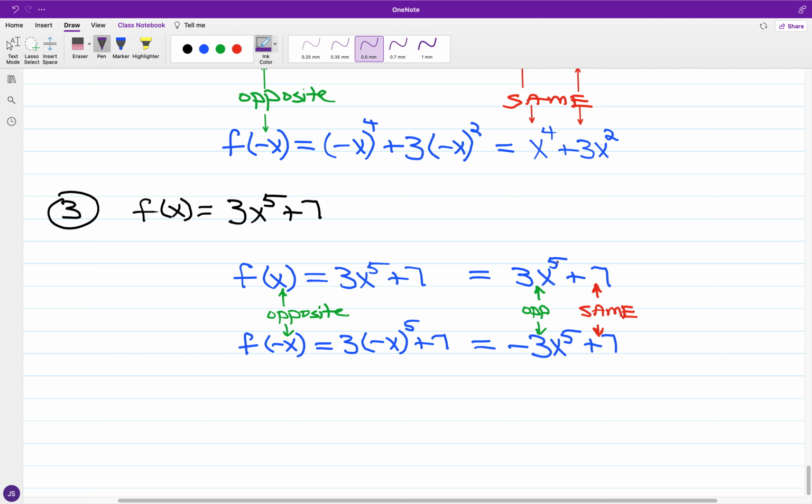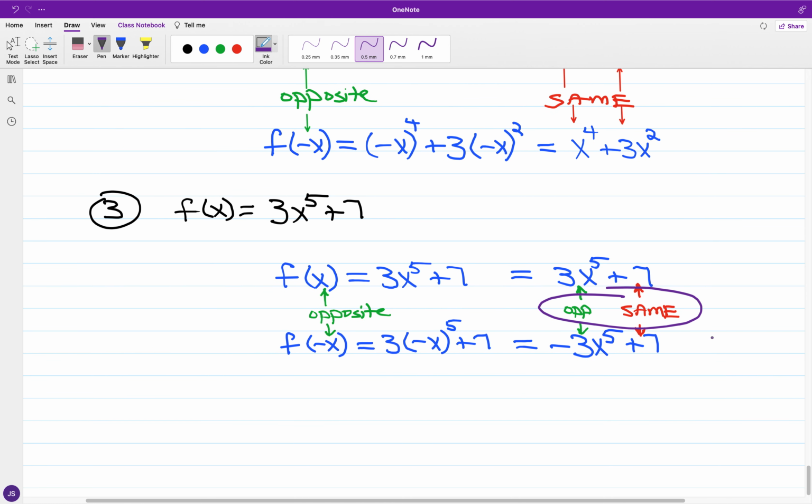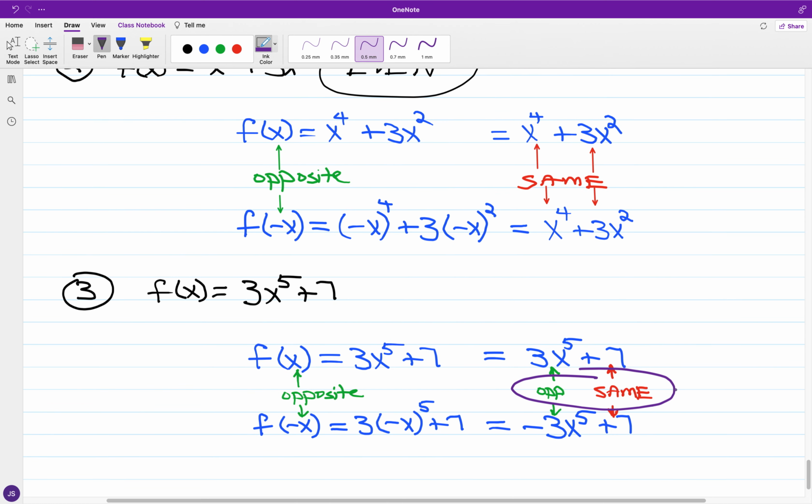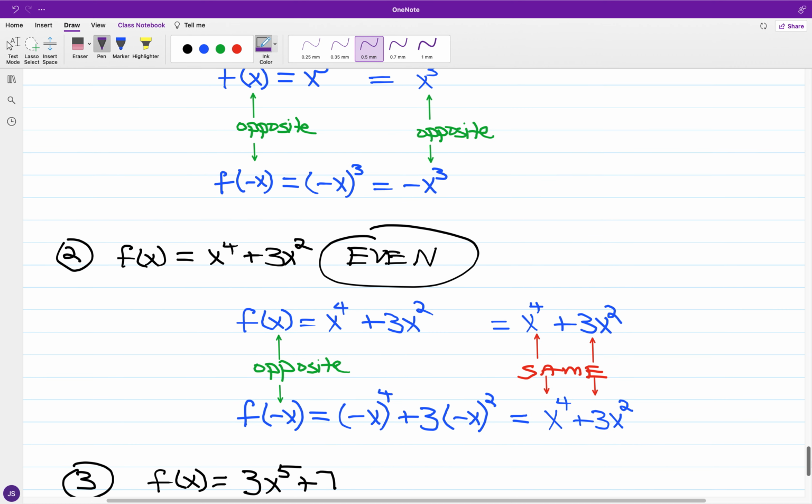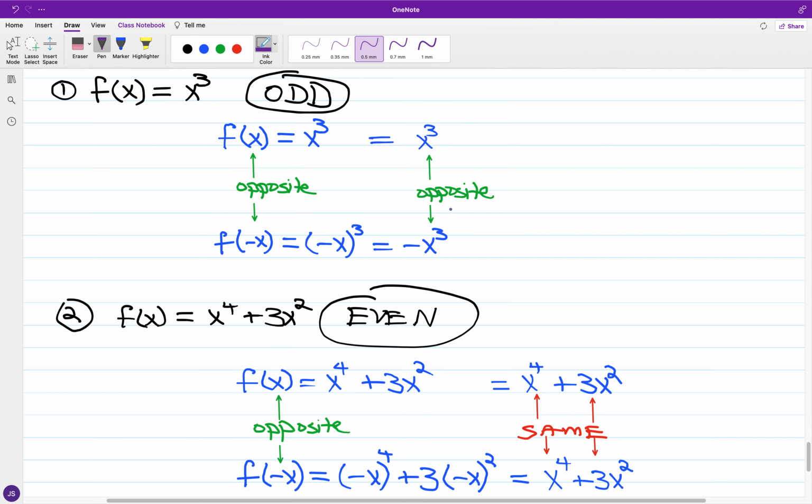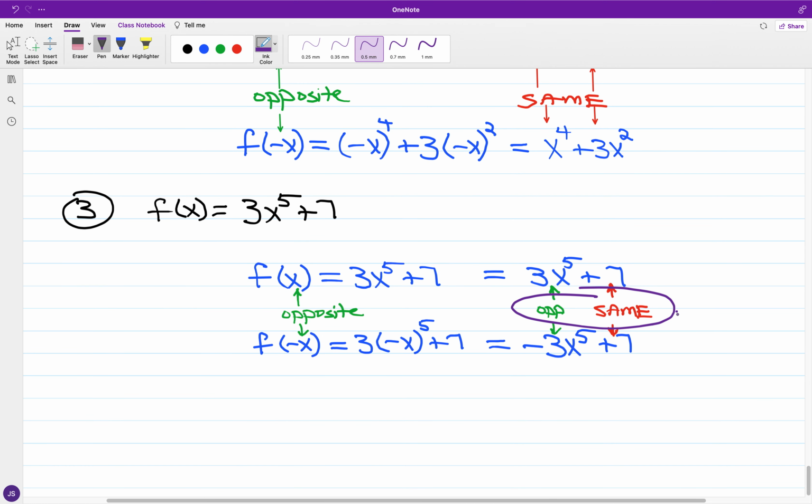And if you don't have unanimously the same or unanimously the opposite, if you've got a bit of both, there's a bit of static that is created. So if you don't have unanimously the same output where it is even, or unanimously the opposite output where the function is odd, but you've got a bit of both, then for this particular function, you're going to have neither odd nor even.